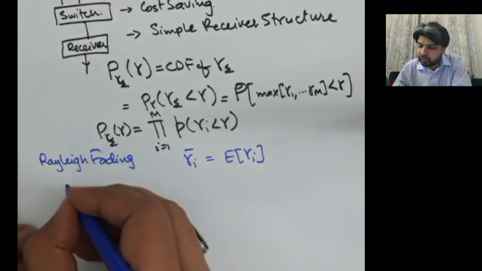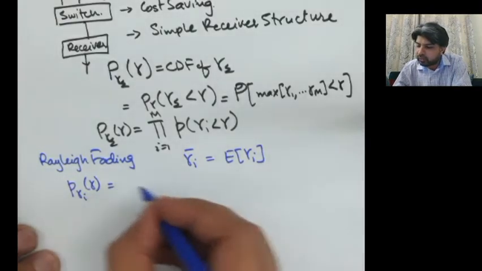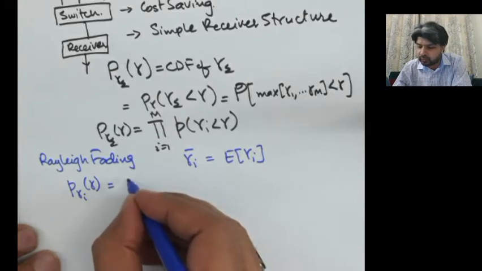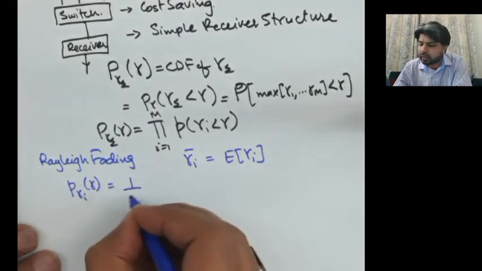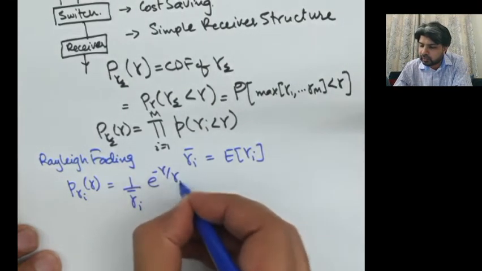We know that for Rayleigh fading, your P gamma I of gamma would be an exponential distribution. That means it would be equal to 1 over gamma I bar e to the power minus gamma over gamma I bar.